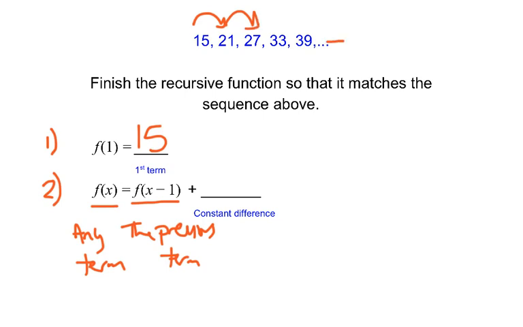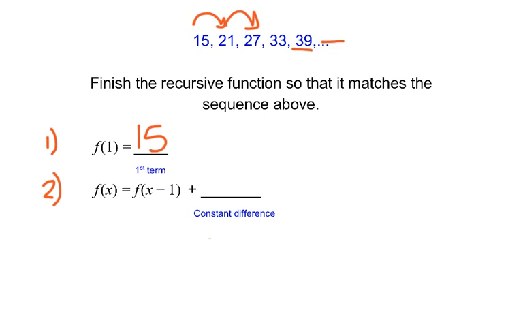So any term, like this term over here, would equal the previous term. And then you're going to describe how you are moving from one term to the next. So f of x equals f of x minus 1 literally means to get a new term, look at the term before it, and then we've got to figure out what's happening.